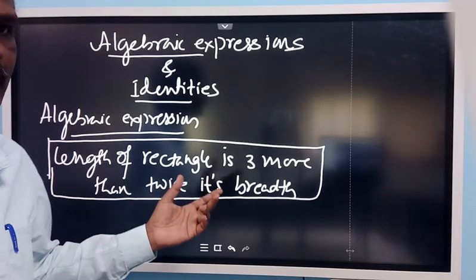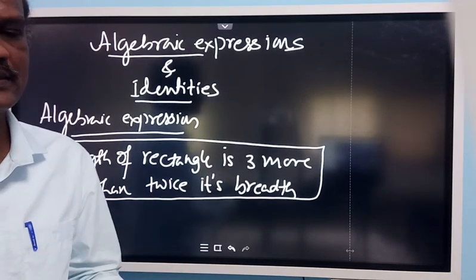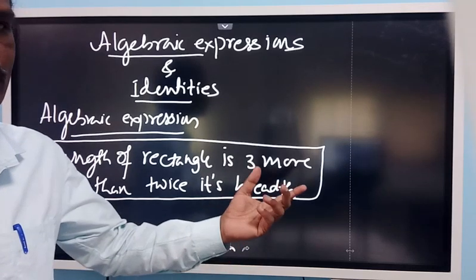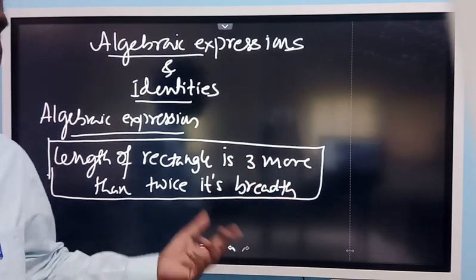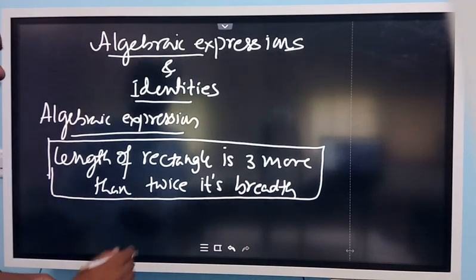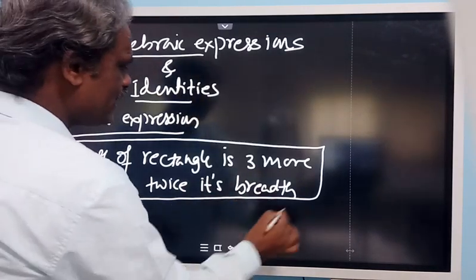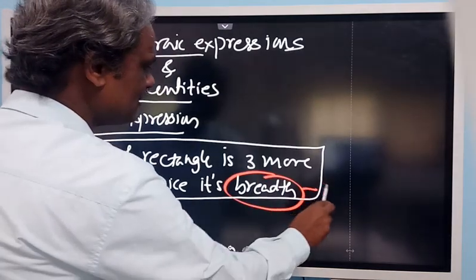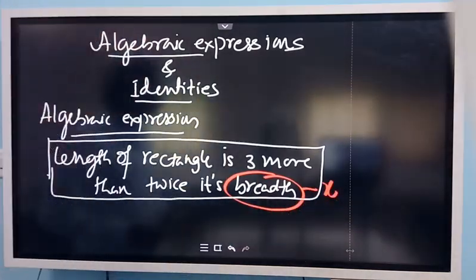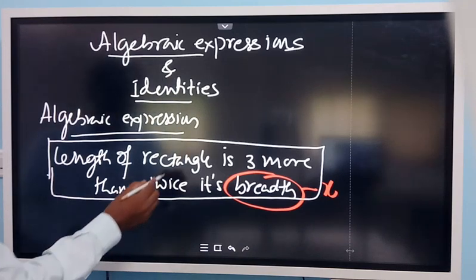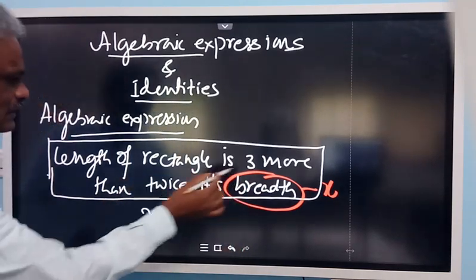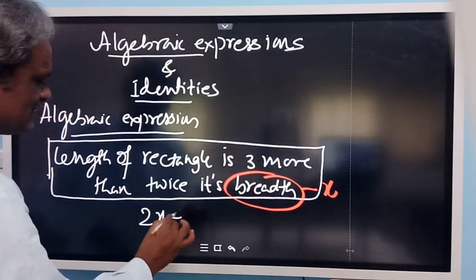Now for the same statement, I use variables, symbols, signs, all these things combined, and form a mathematical statement using variables and constants. If I take the breadth as x units, then what will be its length? Twice its breadth is 2x. Then it is 3 more than that, plus 3.